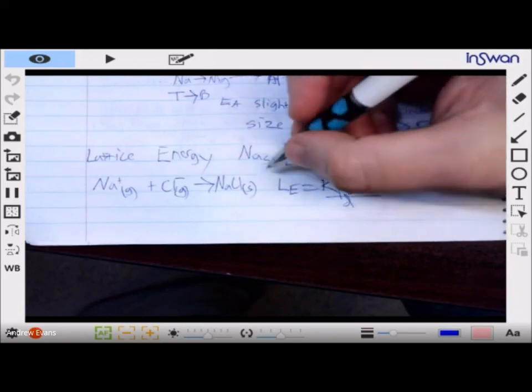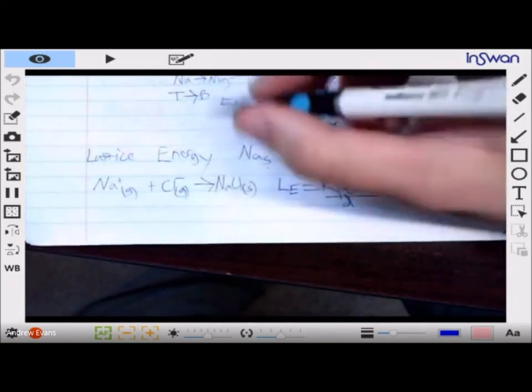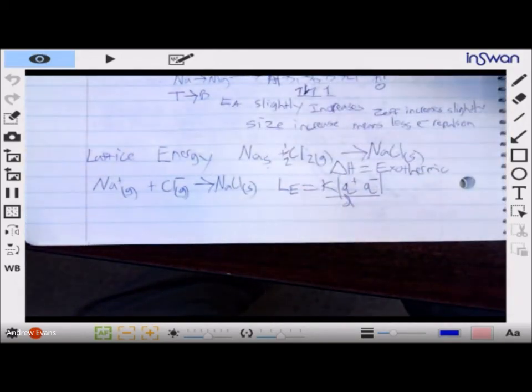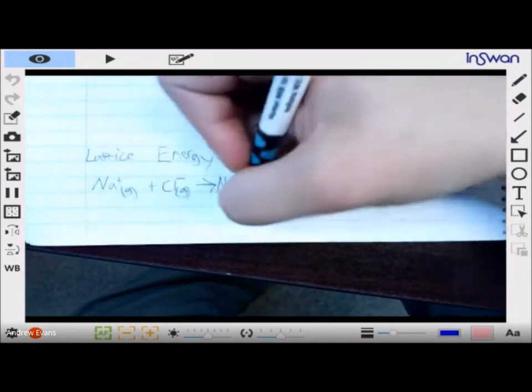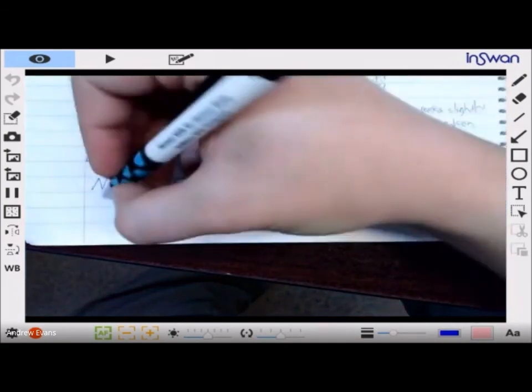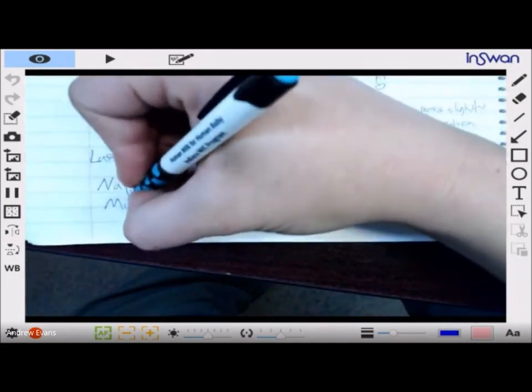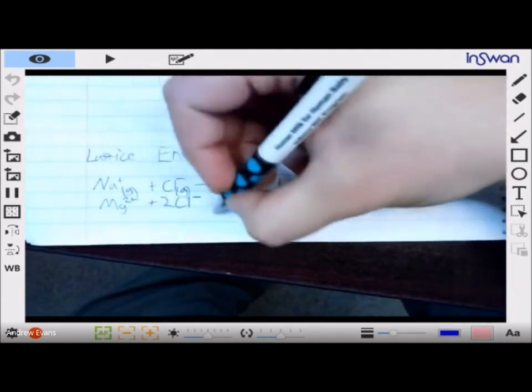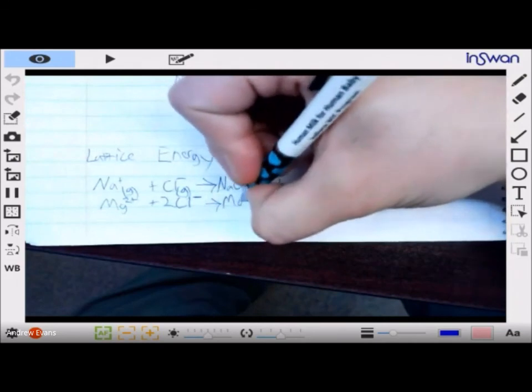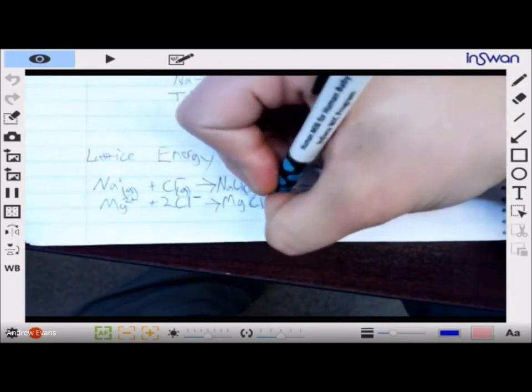Typically speaking, what that means is larger positives and larger negatives mean more lattice energy because you have more attraction. Sodium chloride would be a 1 and 1. If I said magnesium chloride, I would have a 1 and 2 because I have a 2+ charge on the magnesium.